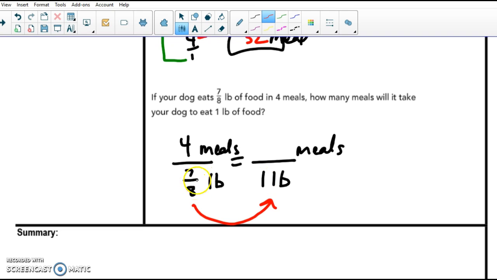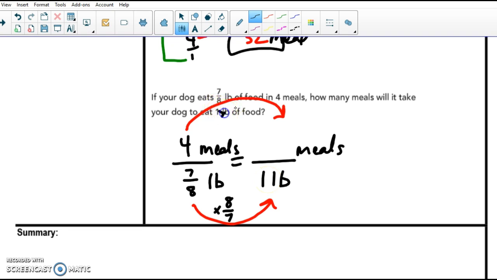So I could do 7/8 divided by 7/8 to get 1. The trick is when I try to do that same thing up top, it's trickier to remember how to divide a fraction. So I could also multiply by the reciprocal, which is what I'm going to choose to do, because multiplying by the reciprocal will turn 7/8 into a 1.